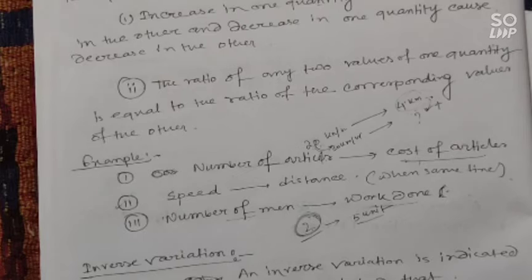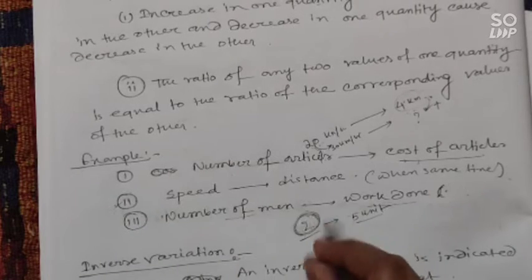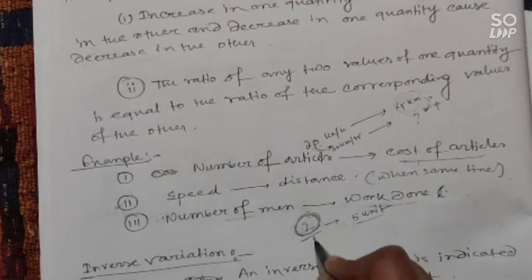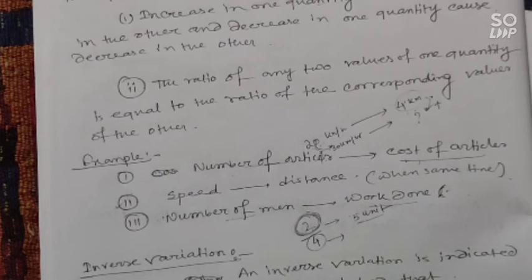So if 2 more friends are added to that work, that means 4 friends, 4 friends can do the work at the same time.